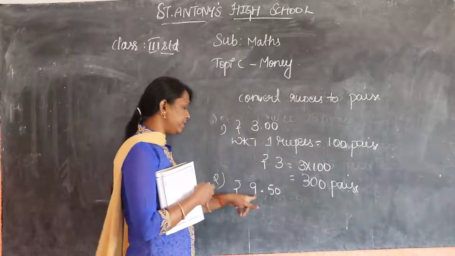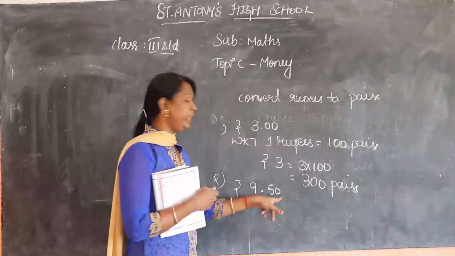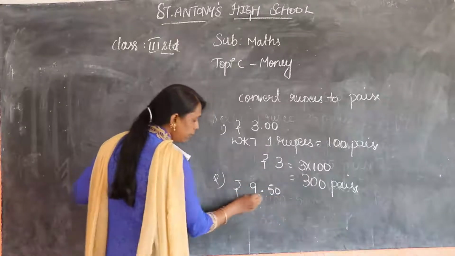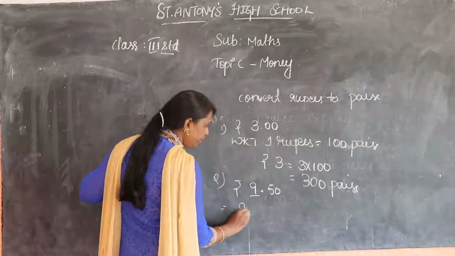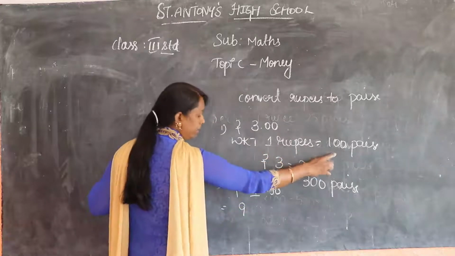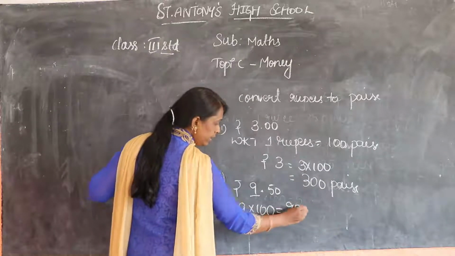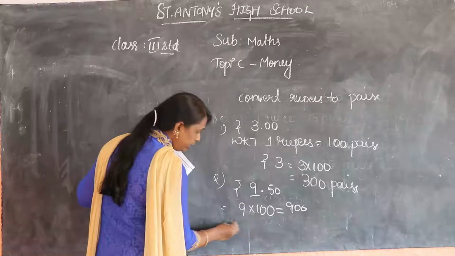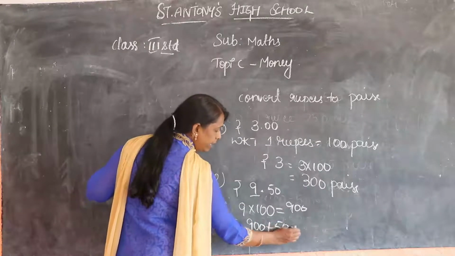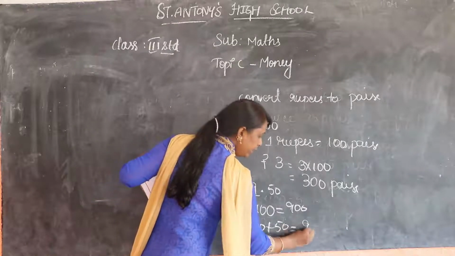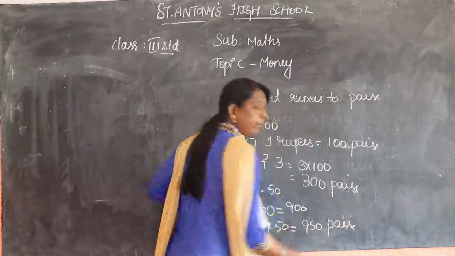Children, this one is rupees 9, 50 paise. After the point we read it as 50 paise. Here first we have to convert rupees 9 to paise. We know that 1 rupee is equal to 100 paise. 9 into 100 becomes 900. This 900 is added to this 50. 900 plus 50 becomes 950. The unit is what, children? Paise.